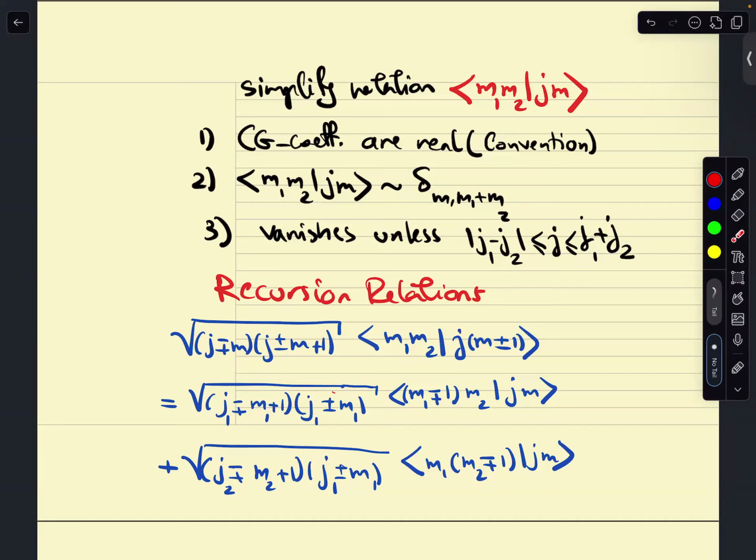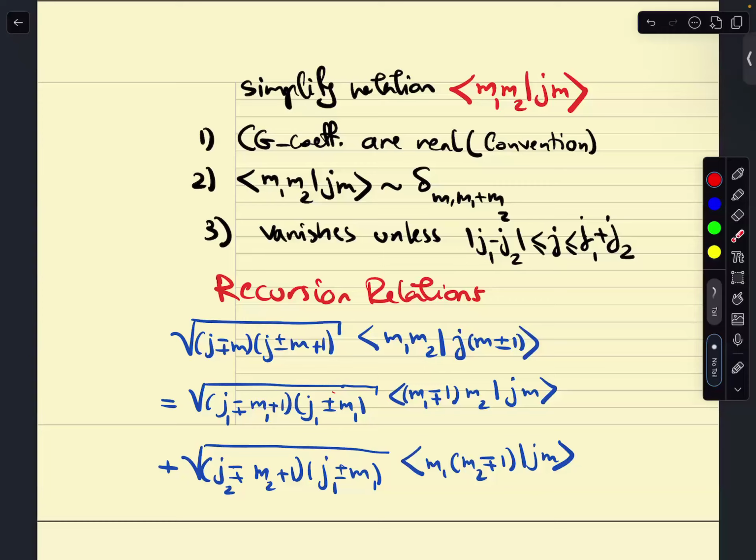Then we said that the way we calculate the Clebsch-Gordan coefficients is through recursion relations. The way the recursion relations were constructed was by inserting J plus and J minus, similar to what I just wrote. So J plus and J minus are the same as J1 plus J2 plus, that's J plus, and similarly for minus.